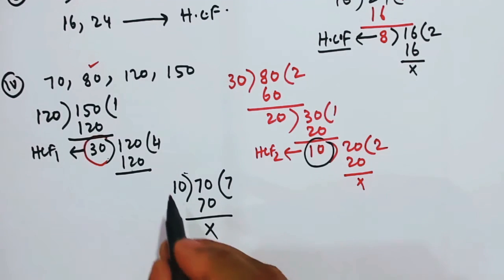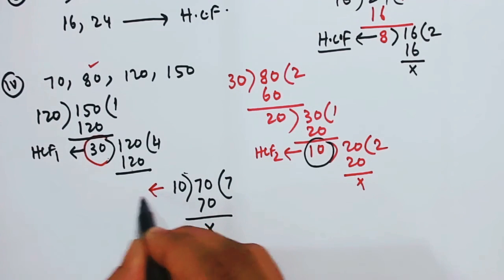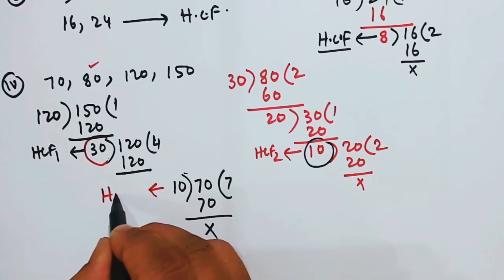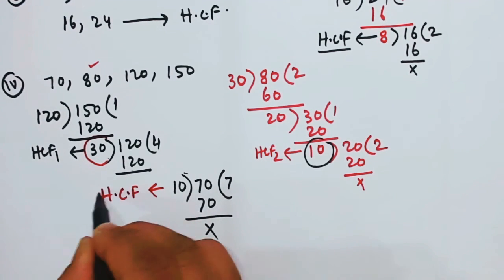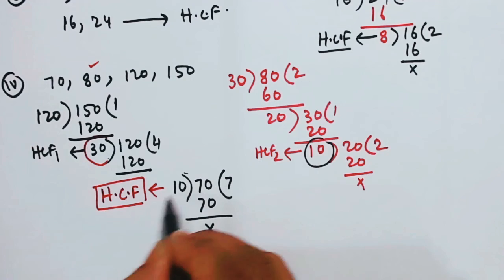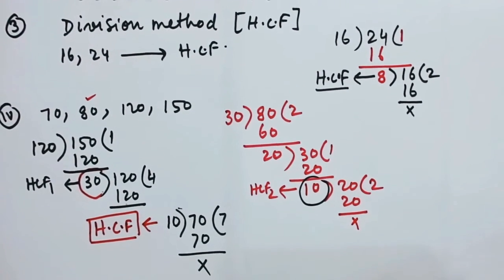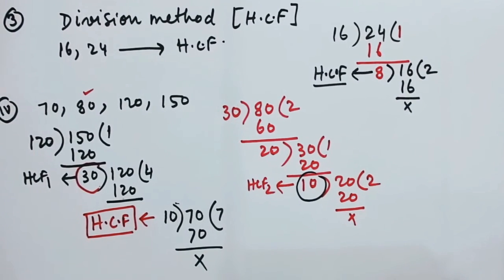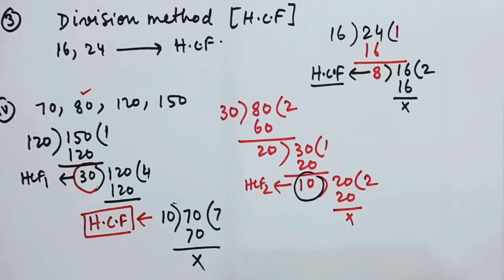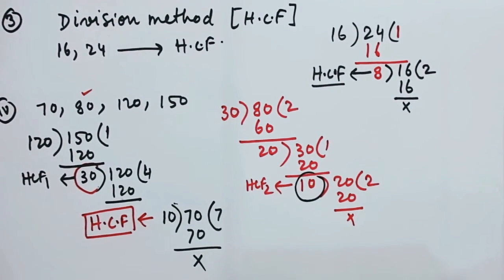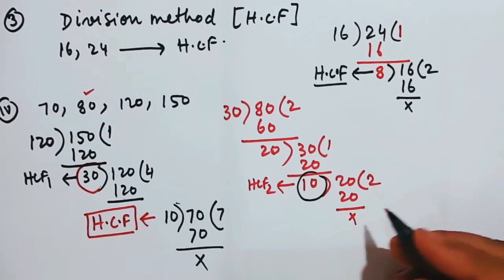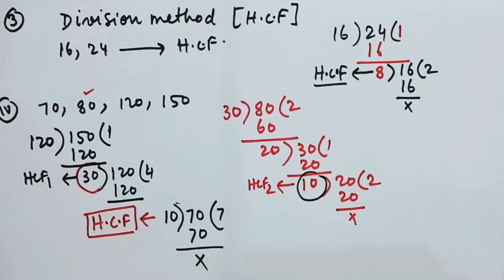Therefore the last HCF is your original HCF. The original, or final, HCF is 10. I hope I am able to make you understand the concept. First try to build your concept. Concept building is very, very essential. Otherwise it's useless.